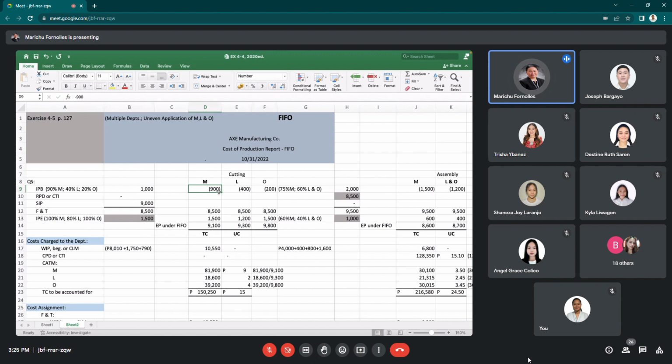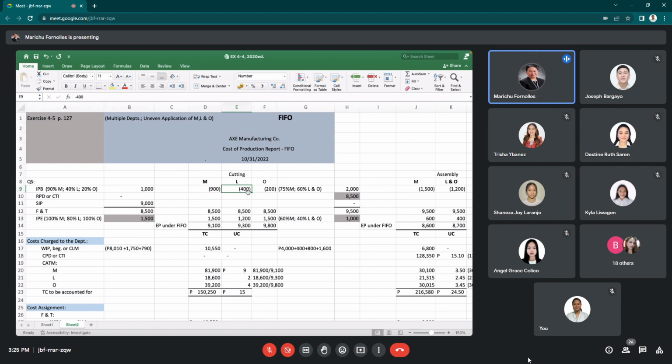Minus your EP in IPB. Why deduct it? Because that was already applied last month. So for materials applied last month, 90% for materials times the 1,000 units started last month equals 900. So deduct 900 for materials. For labor, multiply 40% by 1,000 and you will get 400.